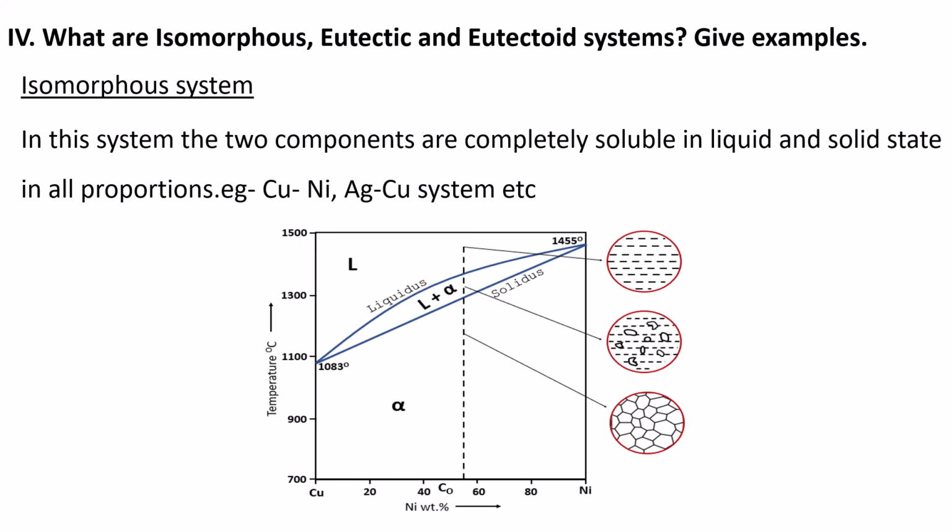In the opposite direction the copper is increasing. So in any proportion you can see it is completely soluble in a single phase. It is called an isomorphous system. Above the liquidus line it is in the liquid state, below the solidus line it is completely in the solid form, but in a single phase. So in all proportions it is completely soluble, that is why it is called the isomorphous system.